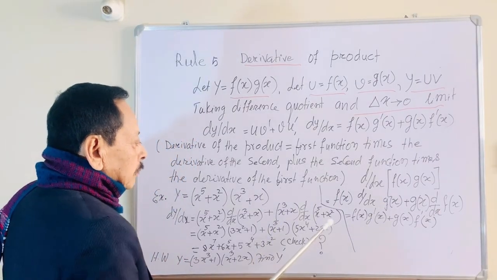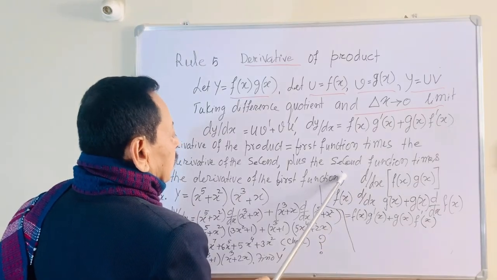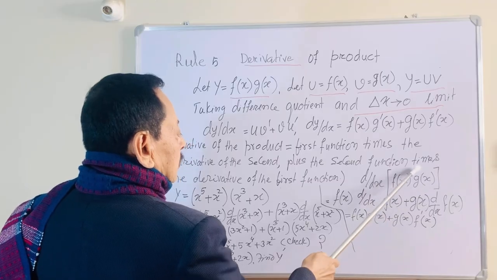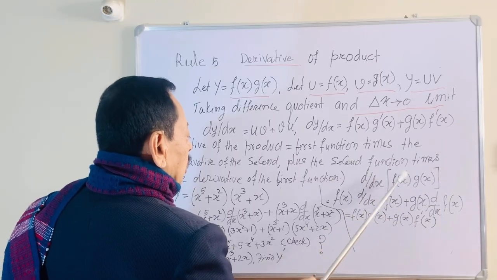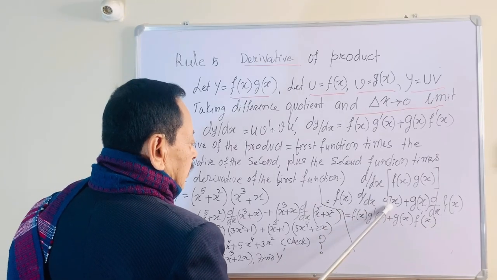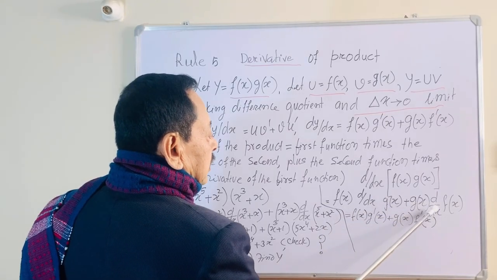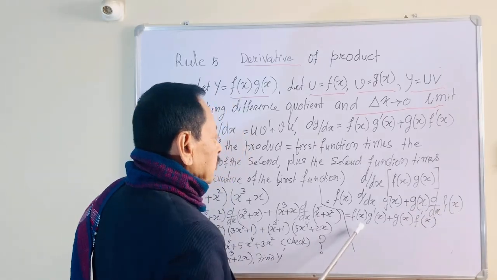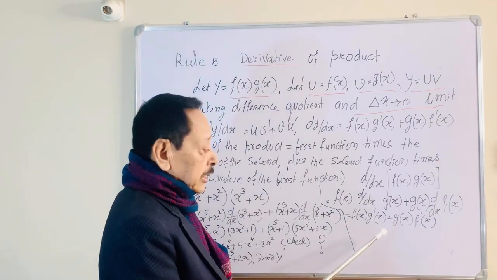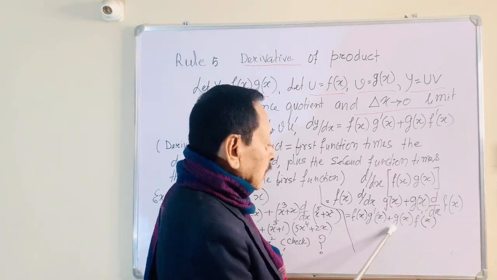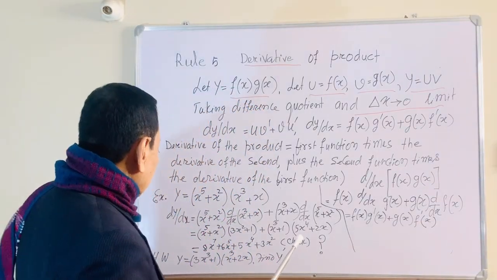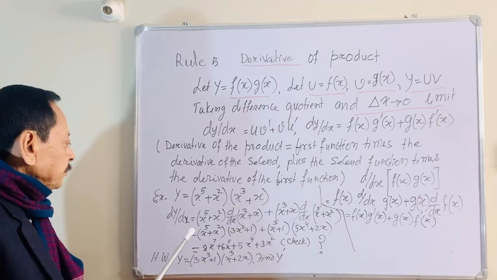Now this can be explained further: d by dx of this product is equal to f(x) into the derivative of the second plus g(x) into the derivative of the first. So let us have one example.